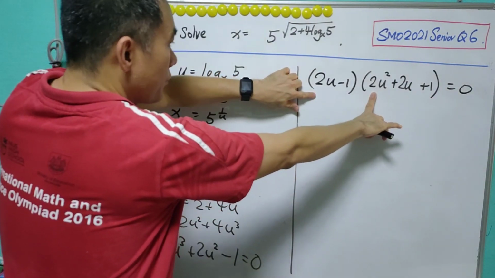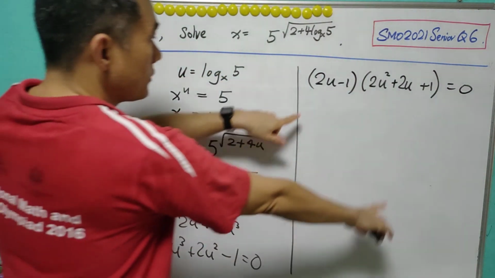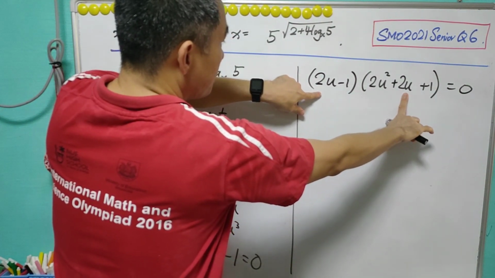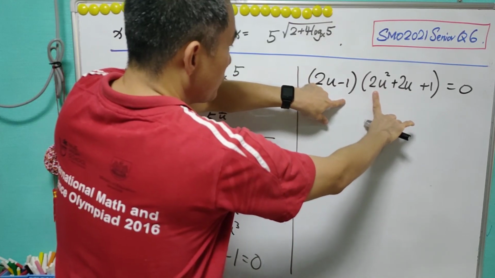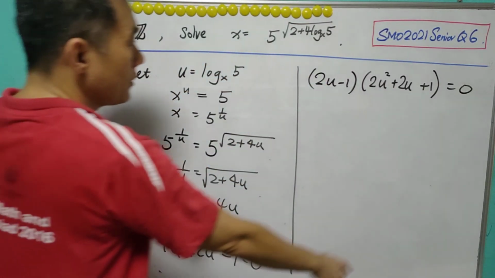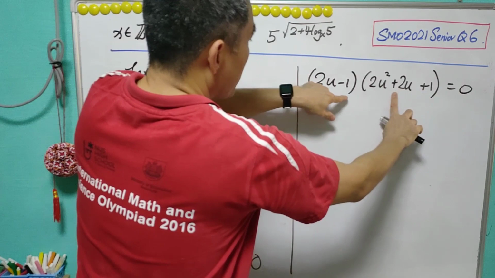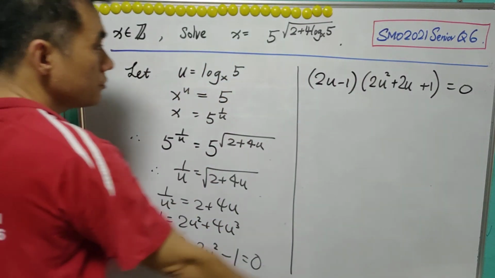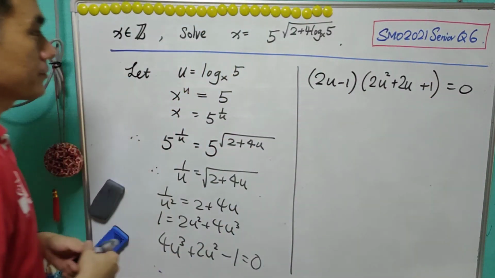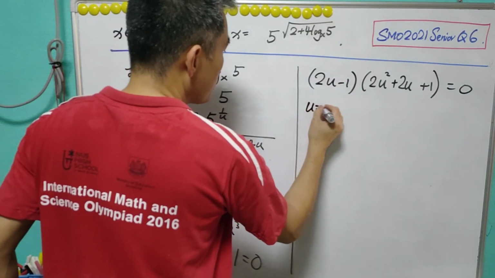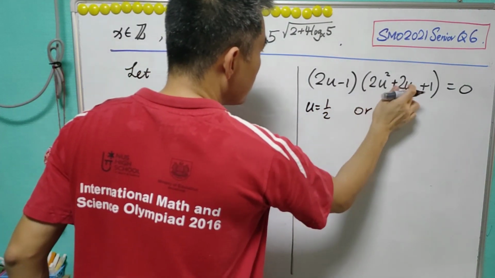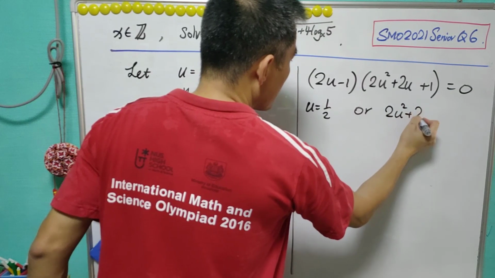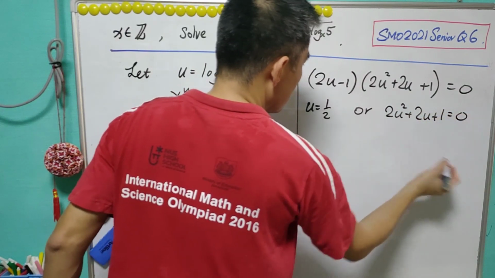So this is 4u cubed, then this is 4u squared minus 2u squared, that is 2u squared, and that is 2u minus 2u, so there's no u, and negative 1. That's correct. So u equals 1 over 2, or 2u squared plus 2u plus 1 equals 0.